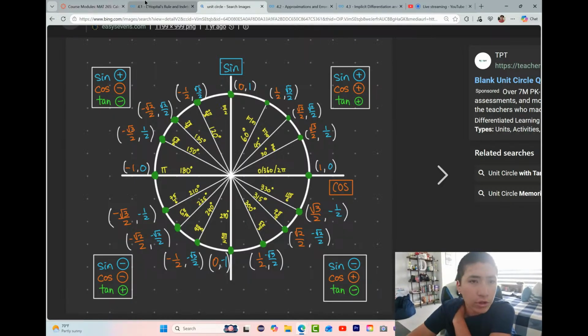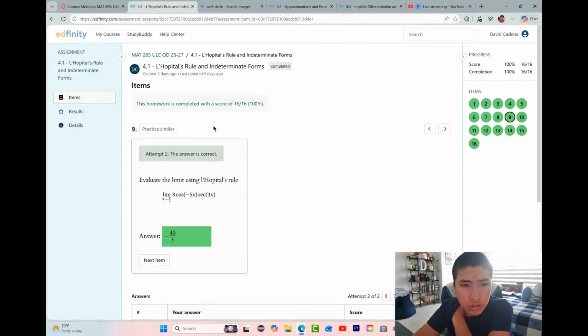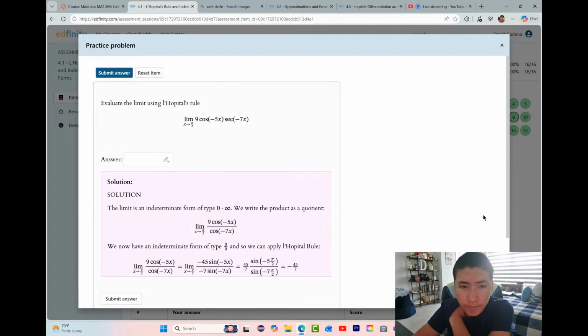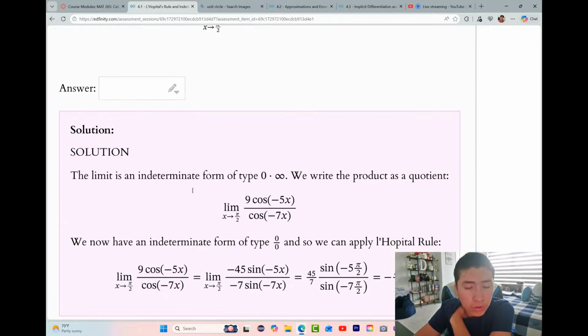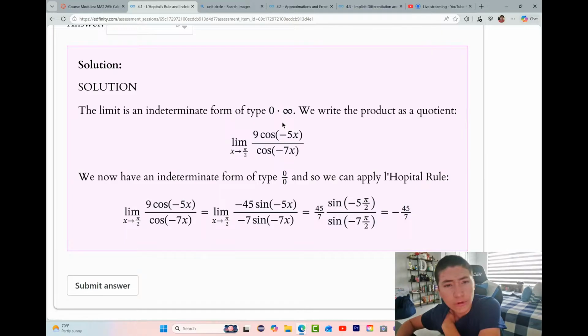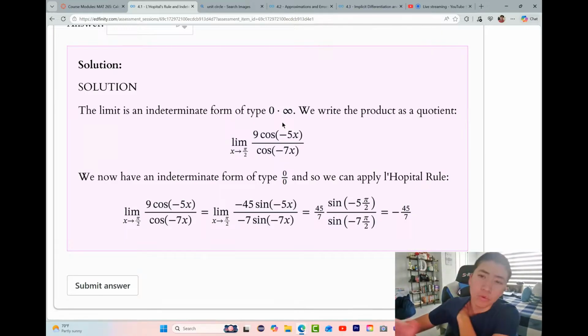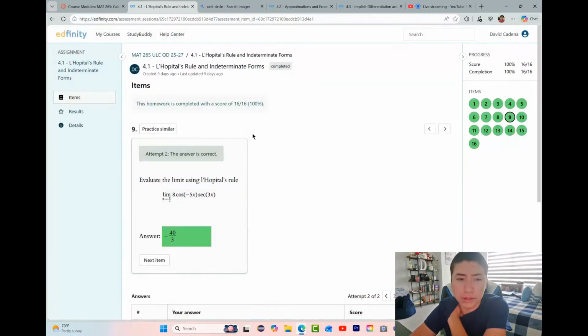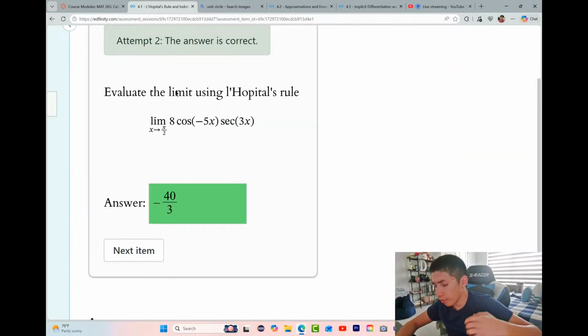Hold on. Wait, so why did you say that we get 0 to the power of something? That's not true. 0 times infinity, where did we get that? Well, we get 0 over 0.